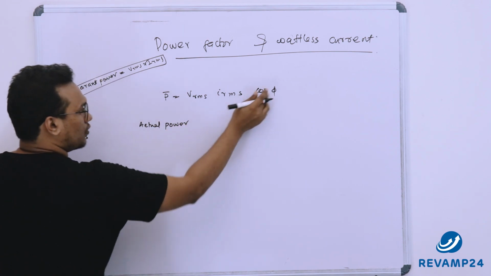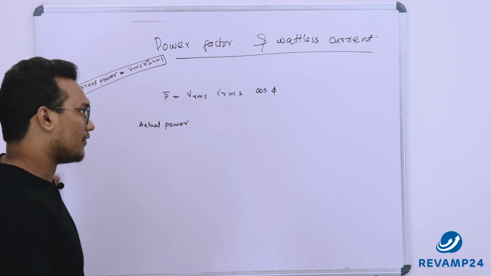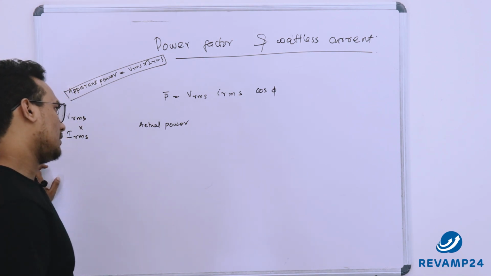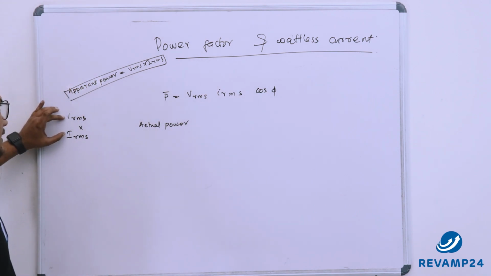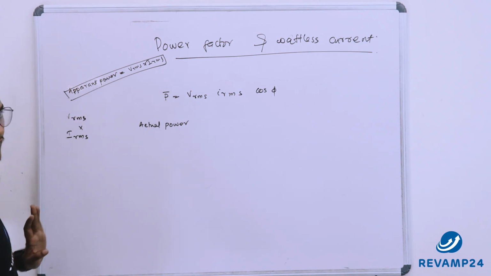Because cos phi, or the power factor, cannot be easily measured, and the one which we are finding with the rated voltage and rated current is the RMS power.